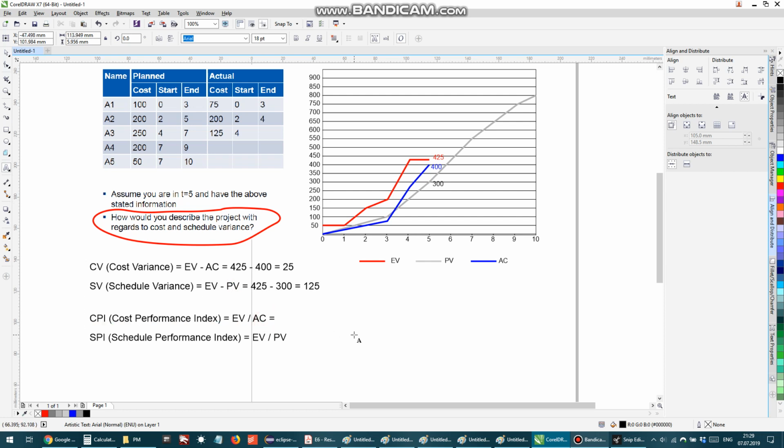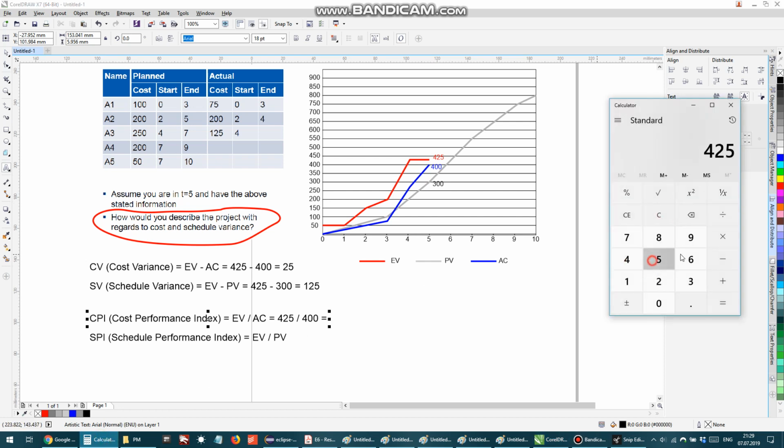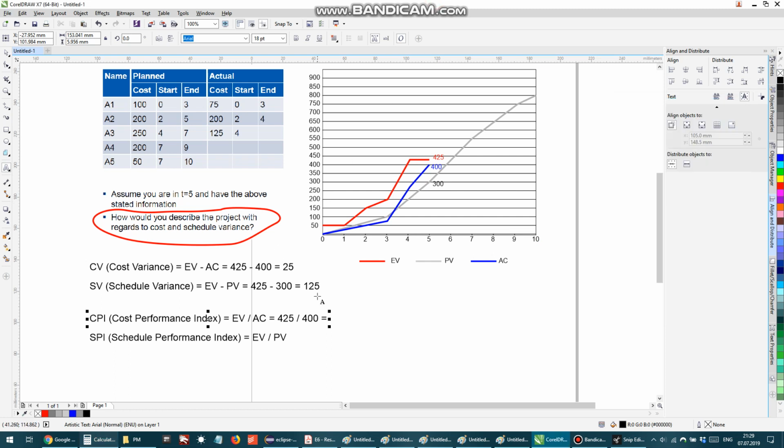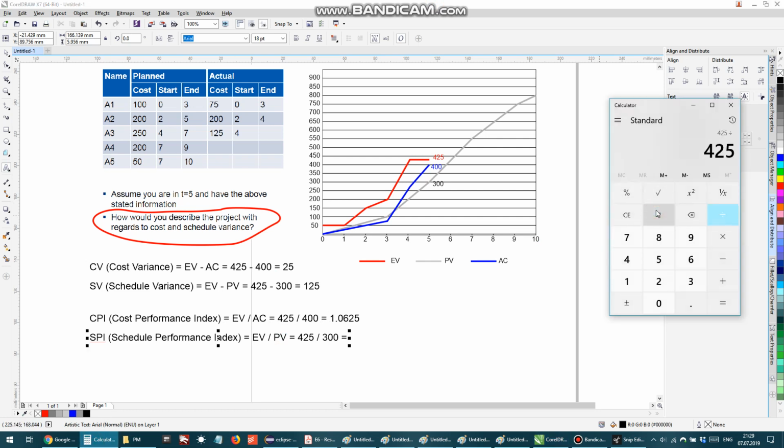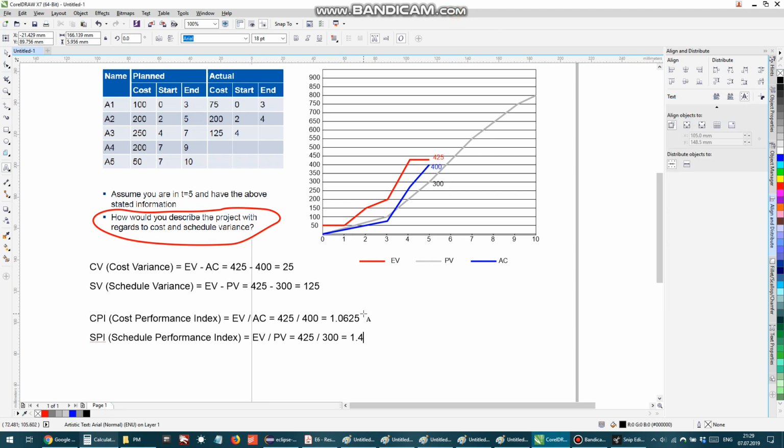For this one, 425 divided by 400 makes something. Let's calculate what it makes. 425 divided by 400, 1.0625. And 425 divided by 300. Right? Yeah. That will make approximately 1.42.